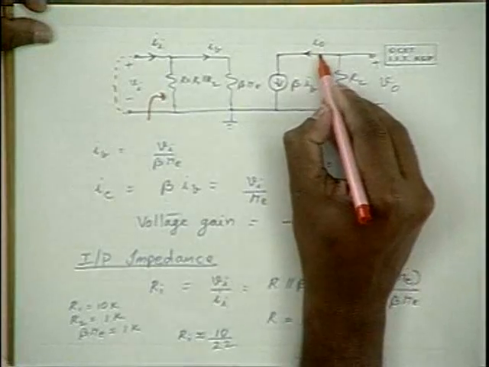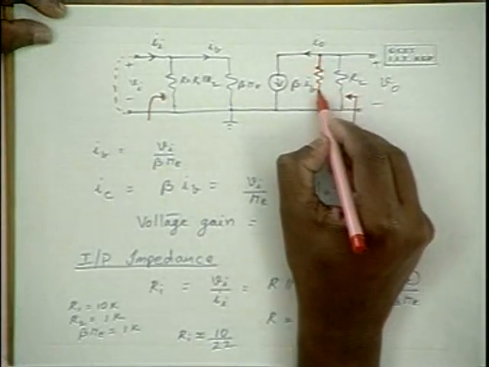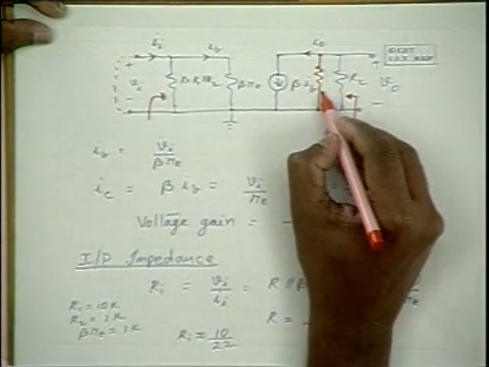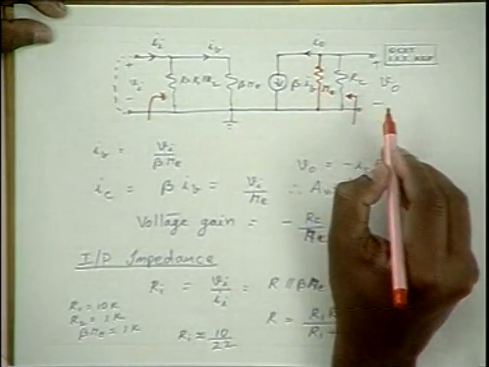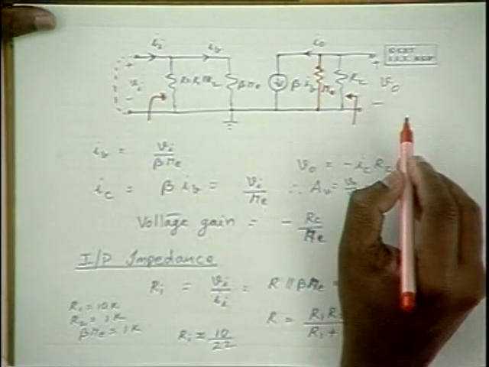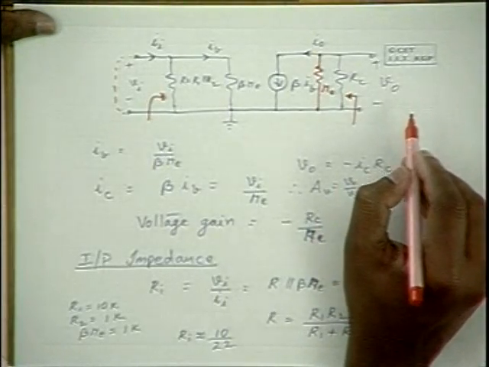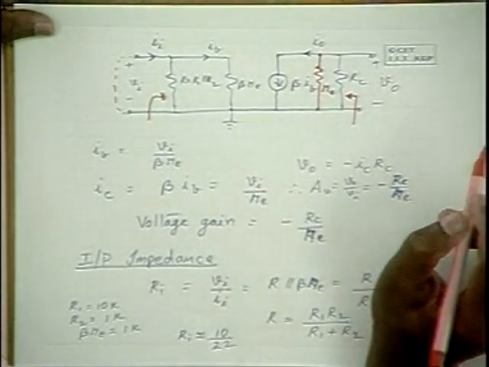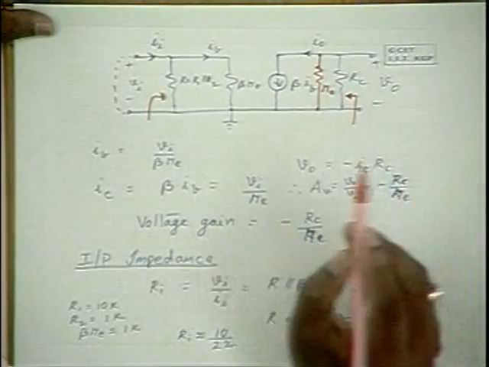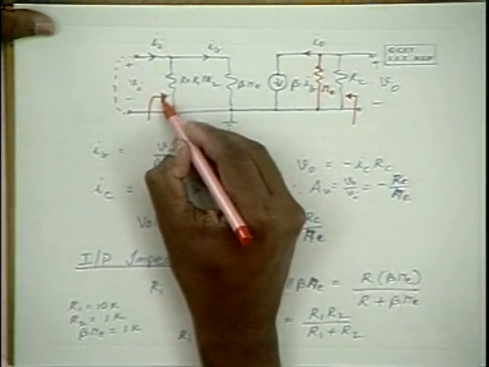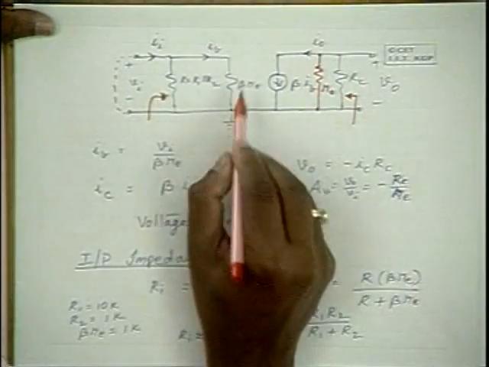Now, let us repeat this analysis with a more accurate model, that is by introducing the output impedance R0, which is of the order of 40 kilo ohms in the case of a common emitter model. By introducing R0, are you expecting any change in Ri here?